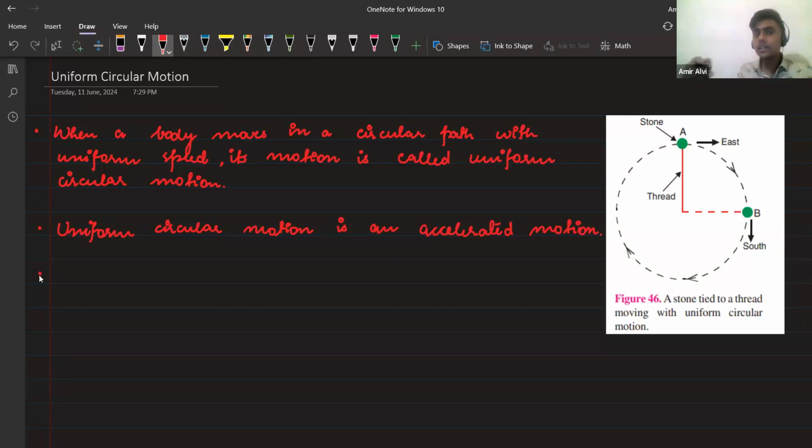That's why this is an accelerated motion. Clear? Yes, sir. Chalo, that's good.